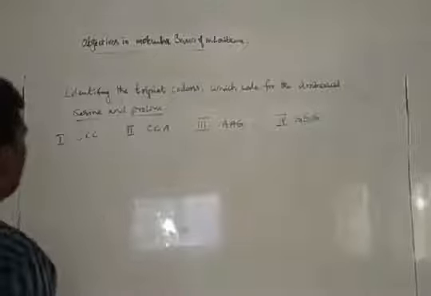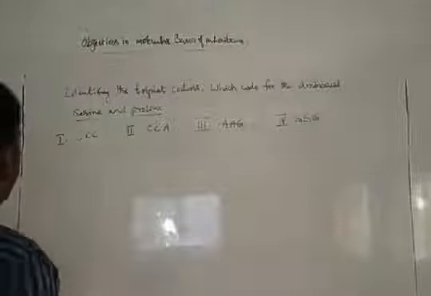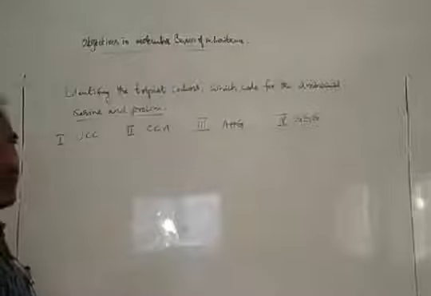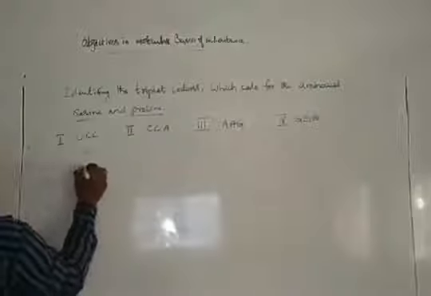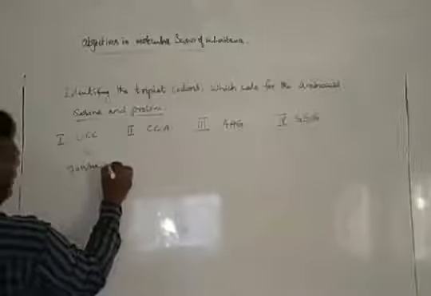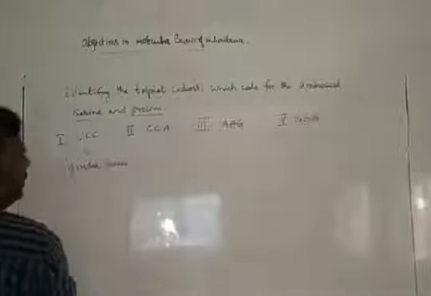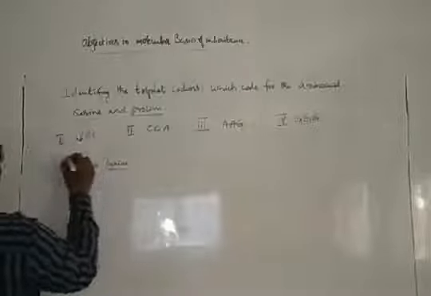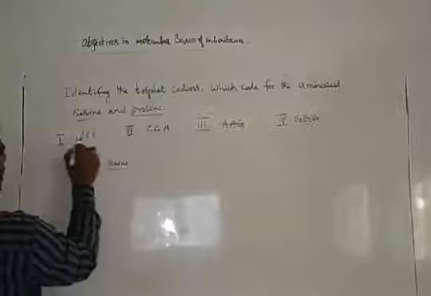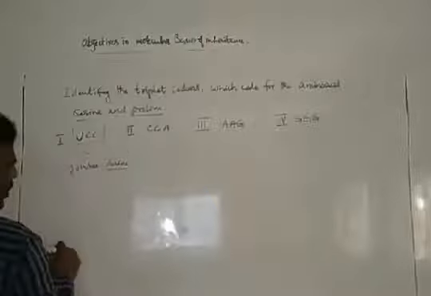UC, already we have one thing. UC is serine. So this codon synthesizes the serine amino acid.